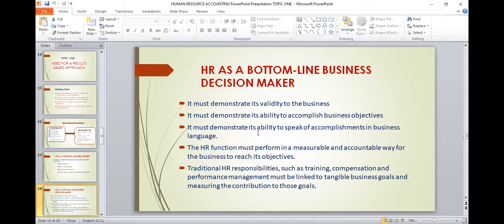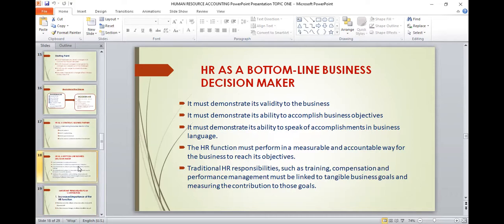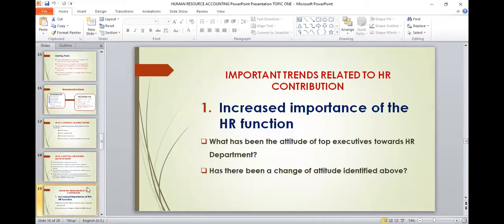They can give their opinions on certain issues that the business is facing. So bottom line, business decision maker, our new role that we must embrace as strategic, as people who really want to embrace the result-based approach.